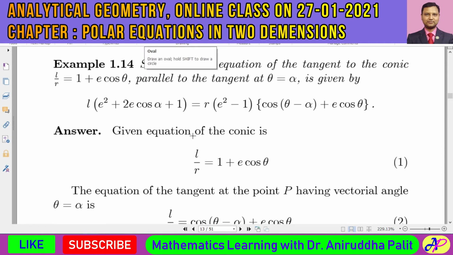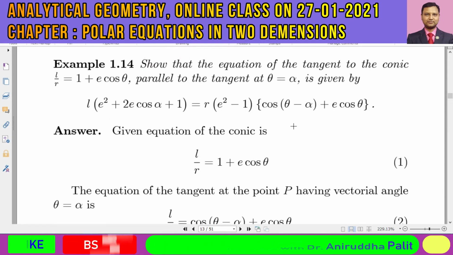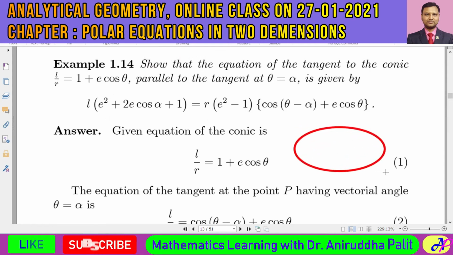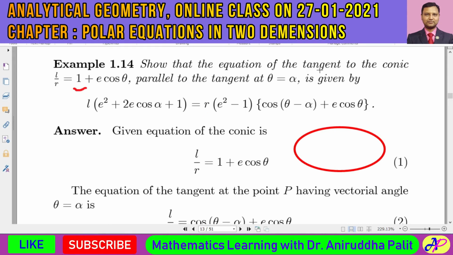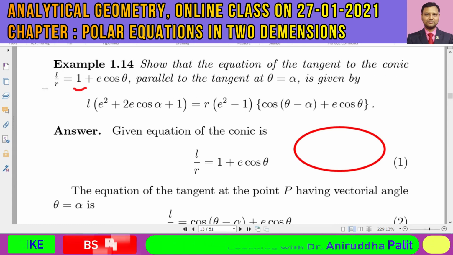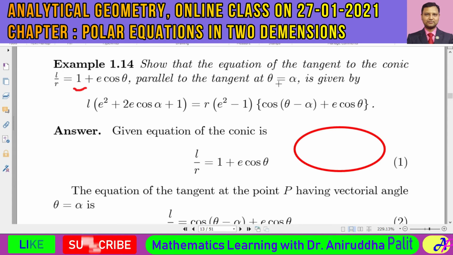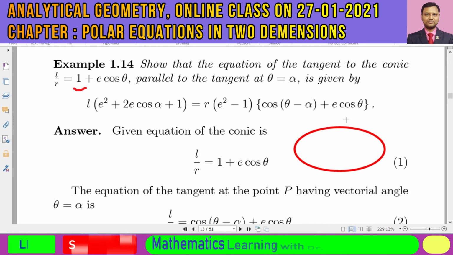Suppose we consider a conic. For simplicity, let's consider an ellipse. Suppose the ellipse has the equation l by r equals 1 plus e cos theta, and we want the equation of the tangent to this conic parallel to the tangent at theta equals alpha.